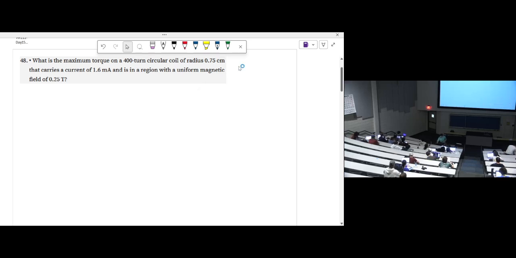We said last time that the torque exerted by a magnetic field on some loop is going to be mu crossed into B. And what did we name that little variable mu? Does anybody remember?